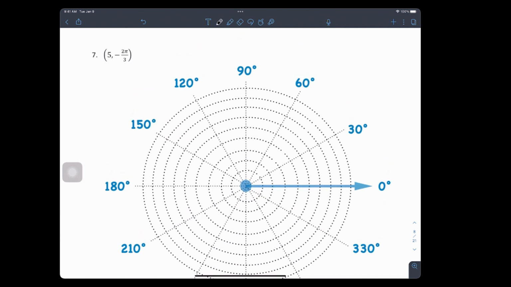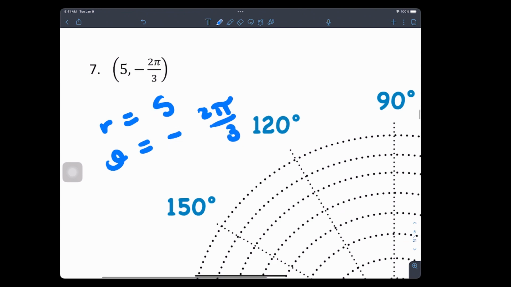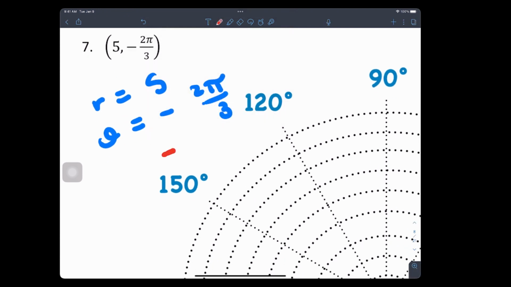All right. What about this? What's our radius here, ladies and gentlemen? Radius is 5. What's the angle here? If we say negative 2 pi over 3, do you guys know what that angle is? That's negative 2 times what's pi over 3? So that's negative 120. Is that right?